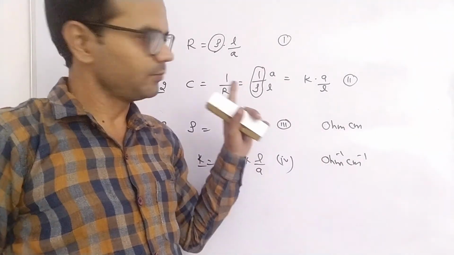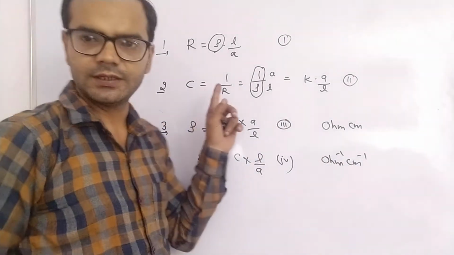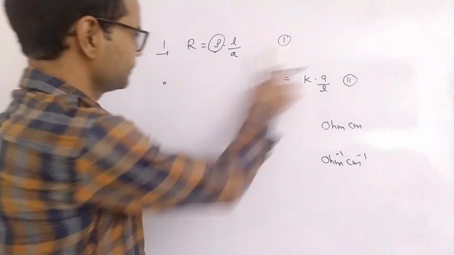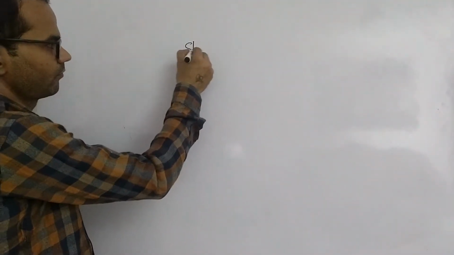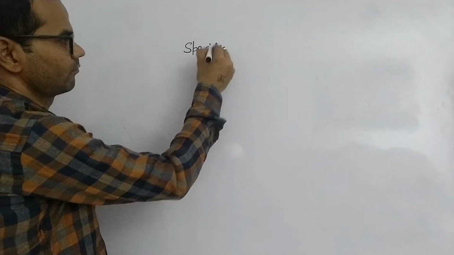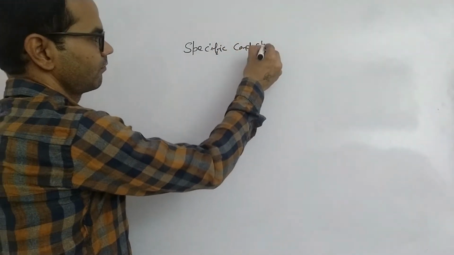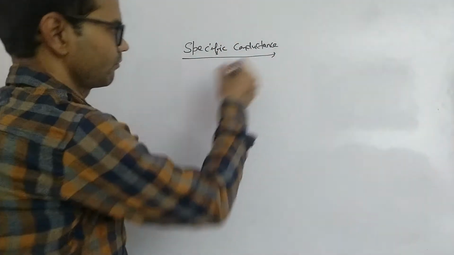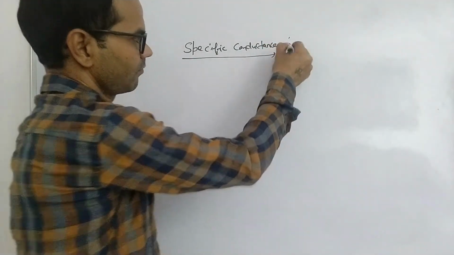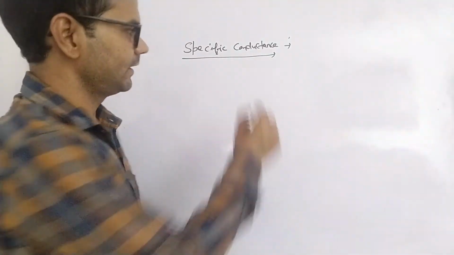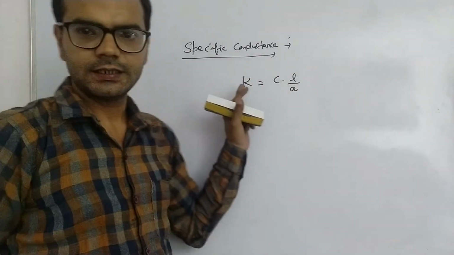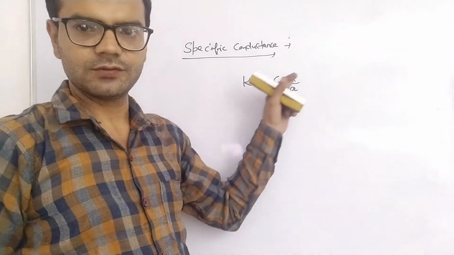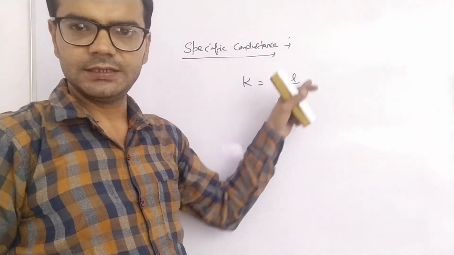Now next, fifth, is the important term, that is specific conductance. We have concluded that K equal to C into L by A. Conductivity is the product of conductance into L by A. L by A is the cell constant.